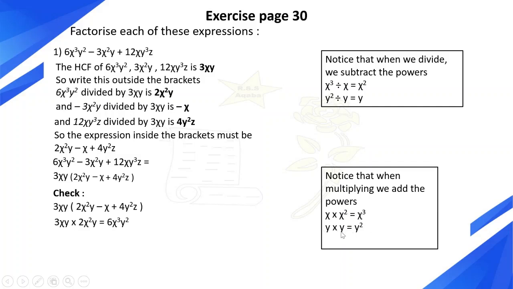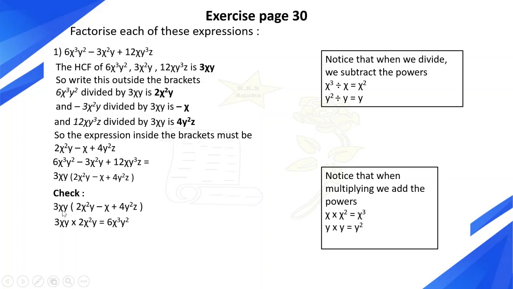And y times y equals y squared, because the power here is 1, plus this power 1 equals 2. So 3 times 2 equals 6. X times x squared equals x cubed. Y times y equals y squared, and this is the first term in the expression.